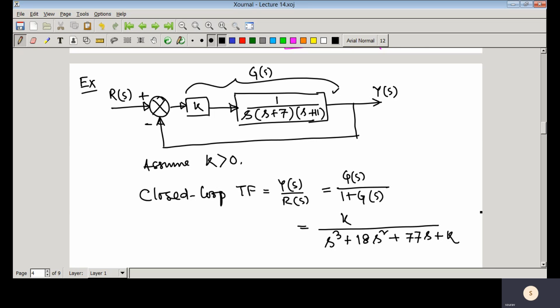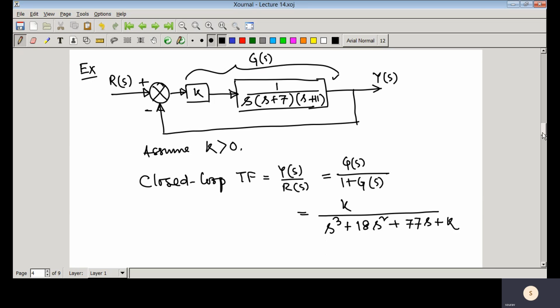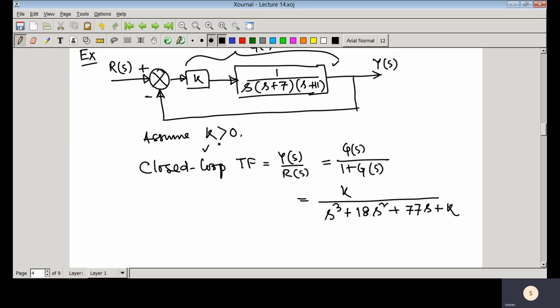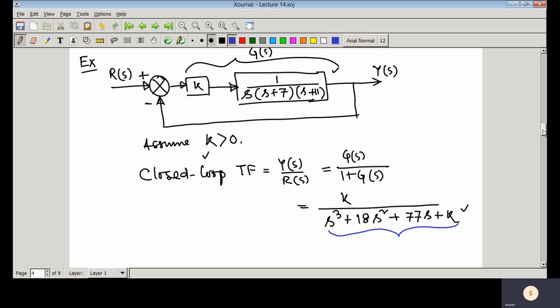So now we are interested to find what would be the range of that K such that this closed loop transfer function would be stable. To be stable, we need to ensure that this particular polynomial, that is the characteristic polynomial, the roots of this polynomial all should lie in the open left half of the S plane. So how to do that?